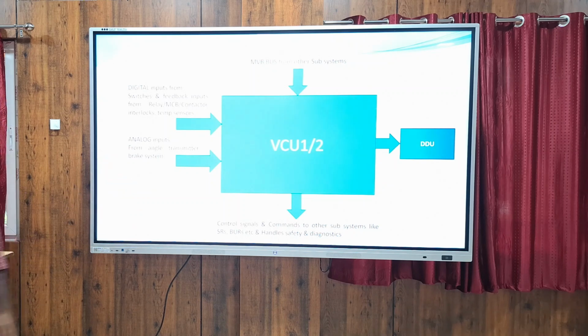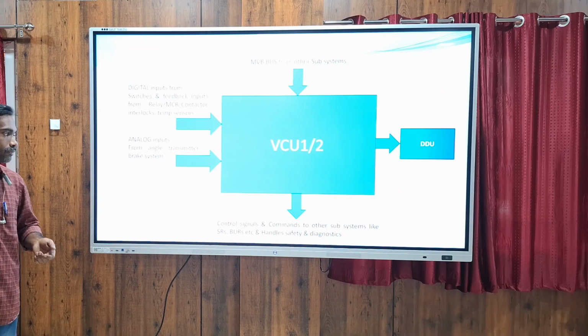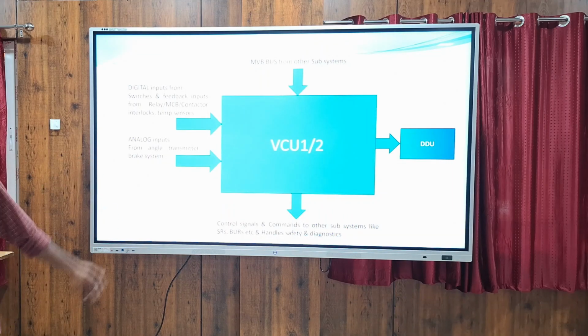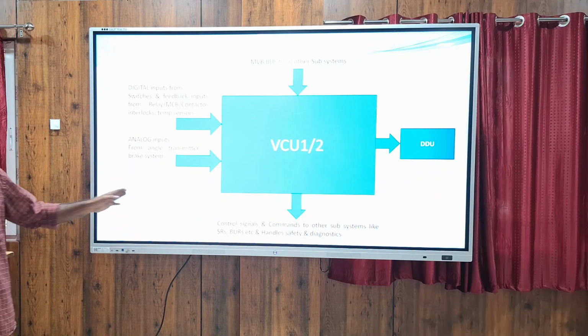It will give some output to other subsystems for operation such as SR and BUR, and it will also operate some other equipments like VCB and other contactors, which will control some other equipments also. Similarly, it will log the fault and it will take care of loco safety also.